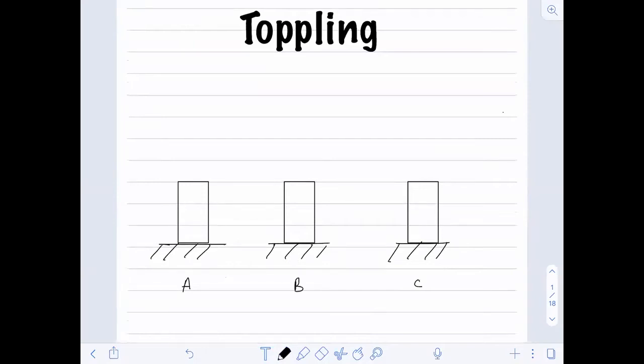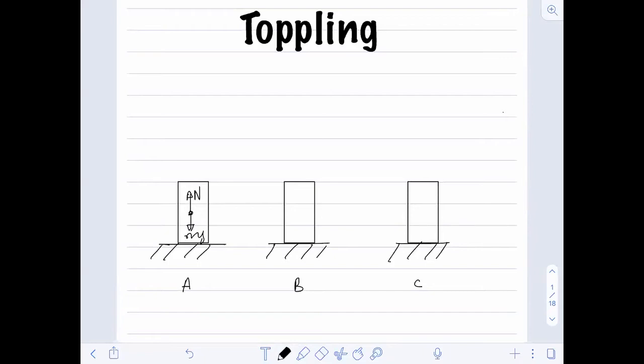Now suppose on this figure A, I have mg force downward, and the normal reaction will be upward. Now, if you see this figure A, there is no other force acting on it.